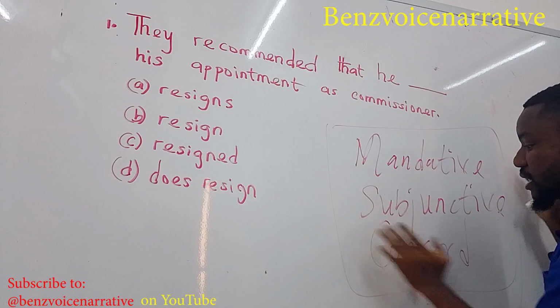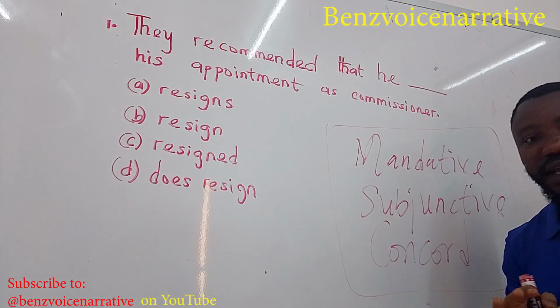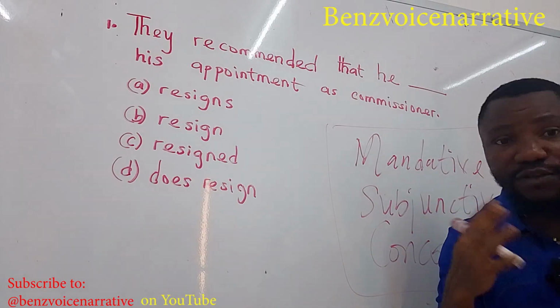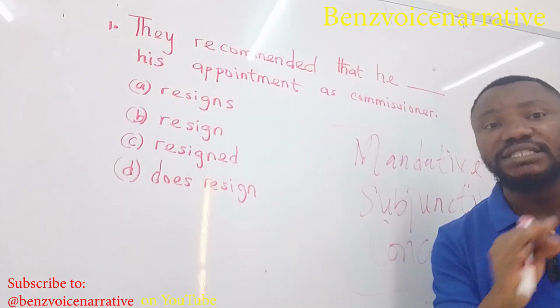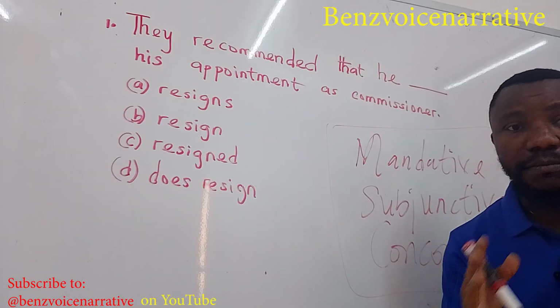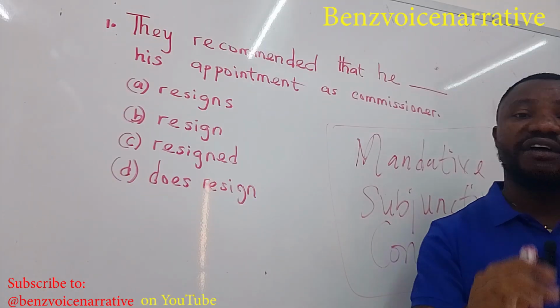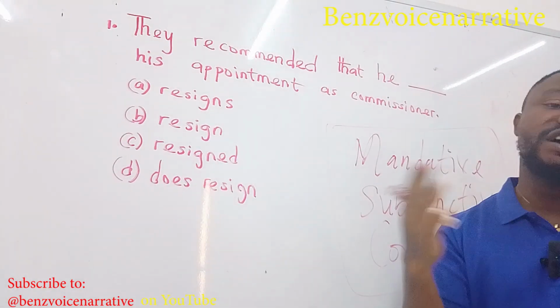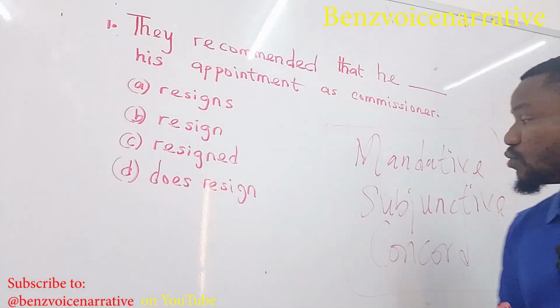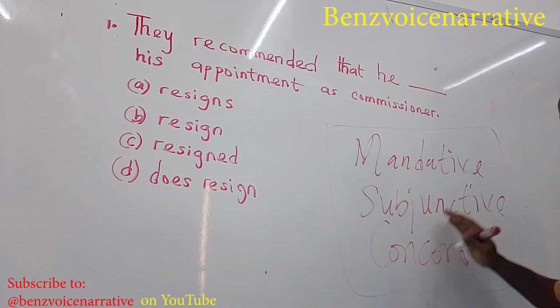But for mandative subjunctive concord, your verb will always be in the base form. And I want to assume that you know what base verbs mean. Verbs in the base form are those that don't have s, es, or ies. So that is basically what mandative subjunctive concord is about.